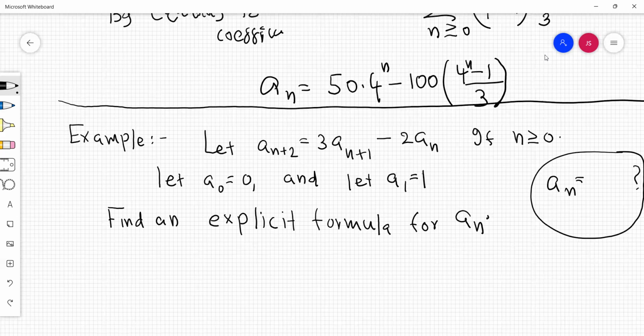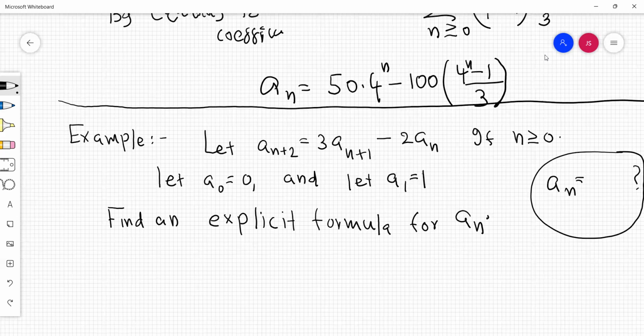From the above example, you see the power of the generating function method, because in the earlier example, you cannot solve it using that theorem. It is not a linear recurrence relation, right? So there you cannot use that theorem.